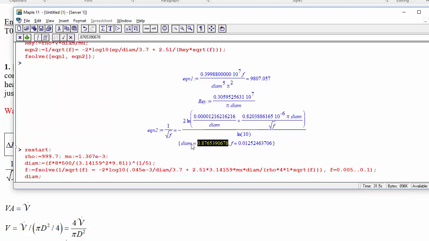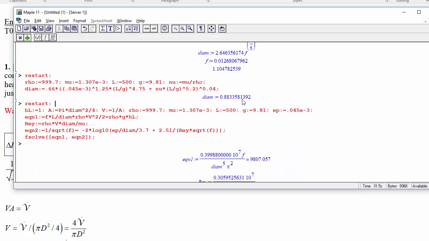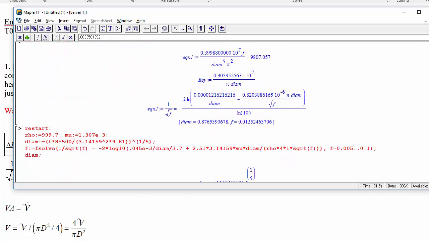And when you do that, you find an answer which is much closer to the one that we got using the approximate equation rather than the one that we got by doing iteration.